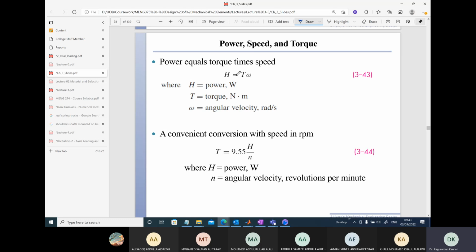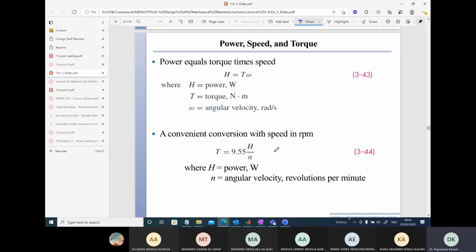Here you can see in which units they are. These are in SI units. Torque times omega, where omega is given in radians per second. You can also calculate the torque from the power.